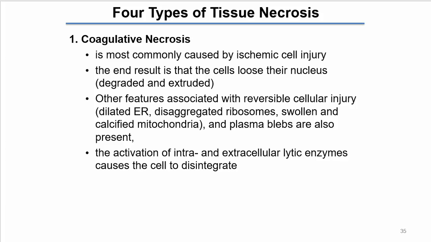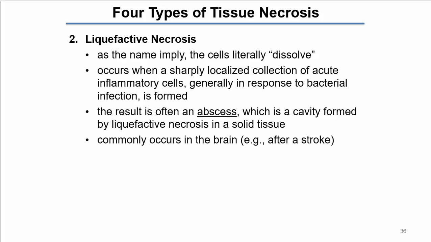Now, we'll contrast that to something called liquefactive necrosis. In liquefactive necrosis, the cells liquefy, they dissolve, they are just gone. And when they're gone, we get something called an abscess, a cavity formed in the tissue because of the amount of cellular death.